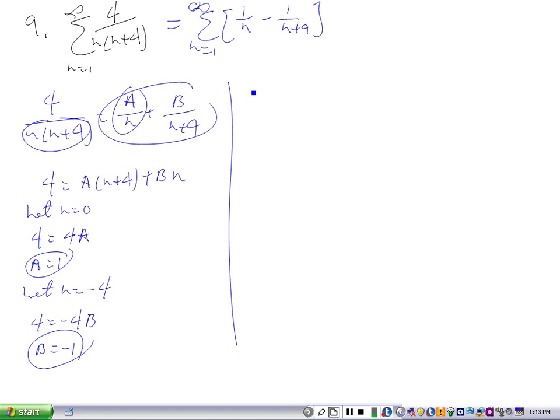So now we list these summation values out and see where we're going. Recall, anytime we use partial fractions, we use the telescoping method. So this is the summation of 1 over n minus 1 over n plus 4. We start with n equal to 1 because it tells us that.